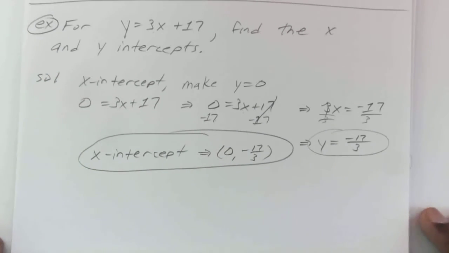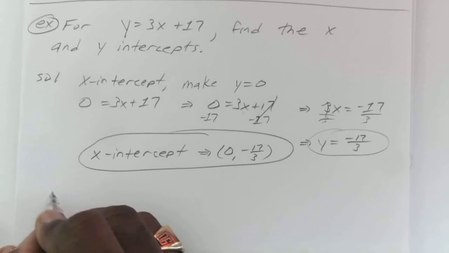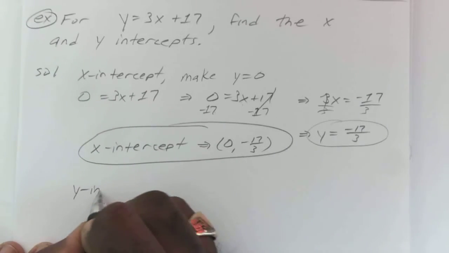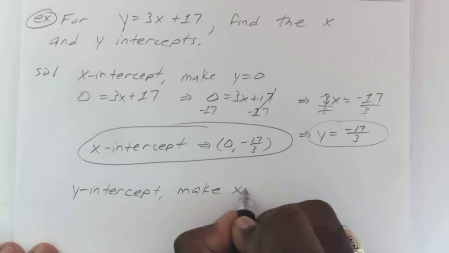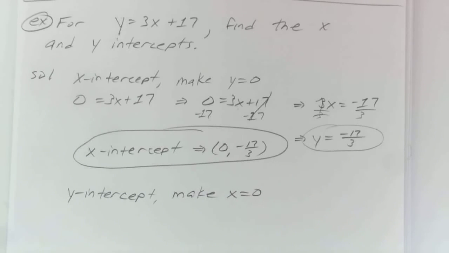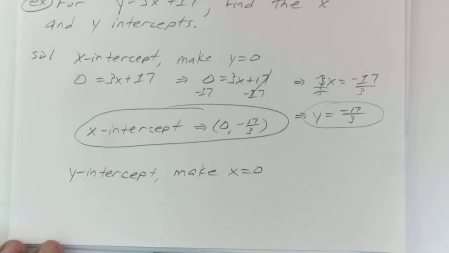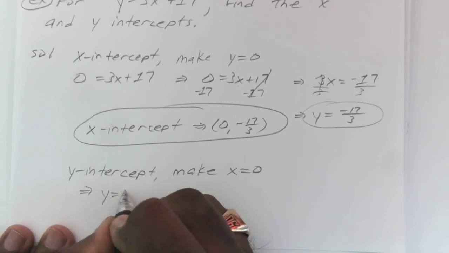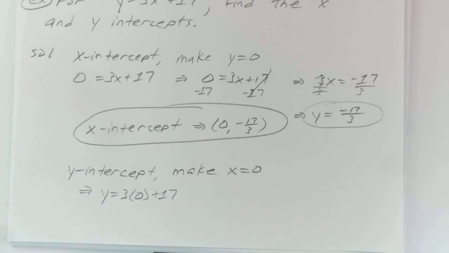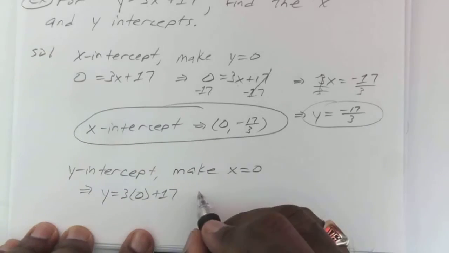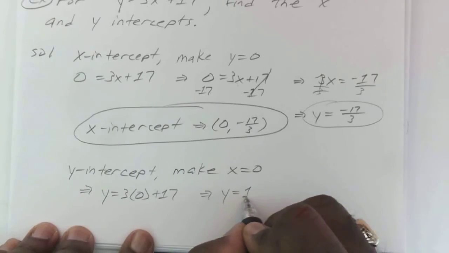And for your y-intercept, you just make the x equal 0. So instead of y equals 3x plus 17, it is y equals 3 times 0 plus 17. 3 times 0 is just 0, so that term disappears. So you have y equals 0 plus 17, or just y equals 17.